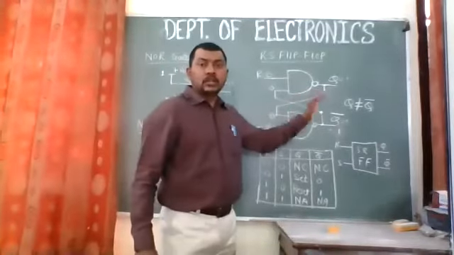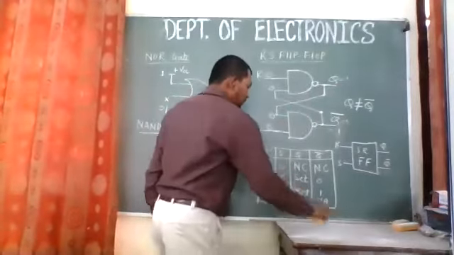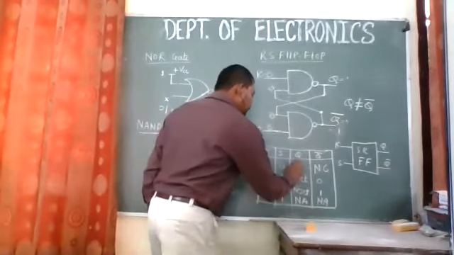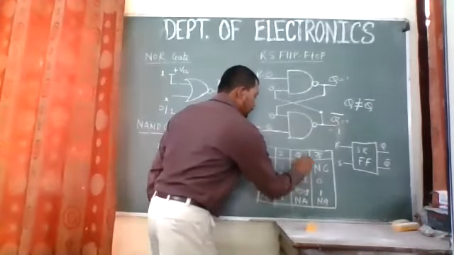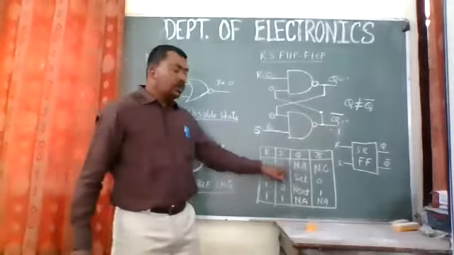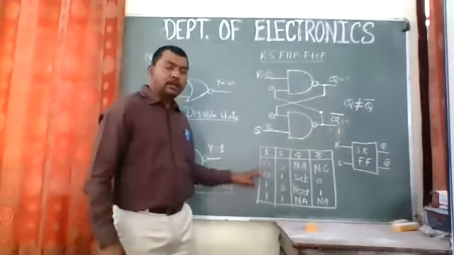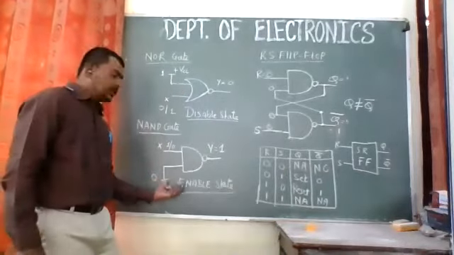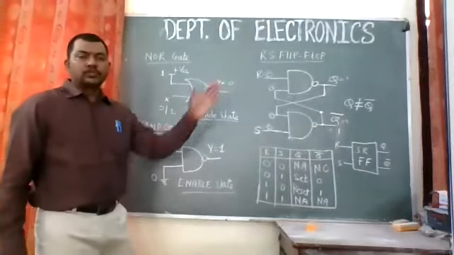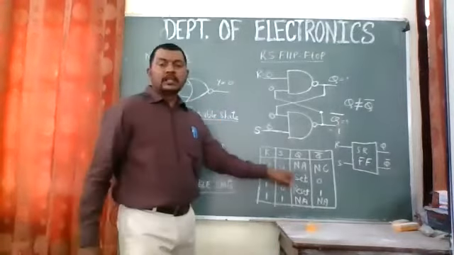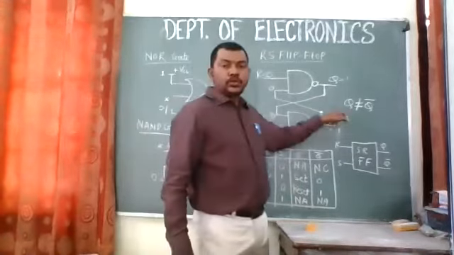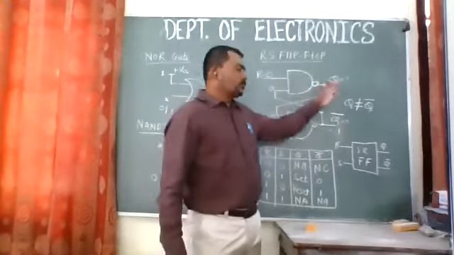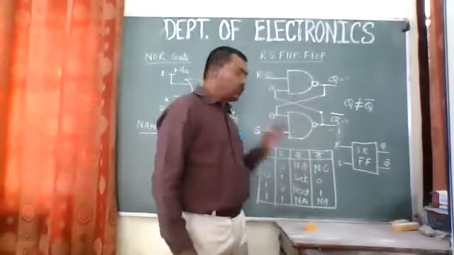So we'll call this the not allowed state. When we apply R equal to 0 and S equal to 0, both NAND gates land in the enable condition and both outputs become high, so Q equal to Q bar, which is not an allowed condition. So we say in the first condition that it is not allowed.